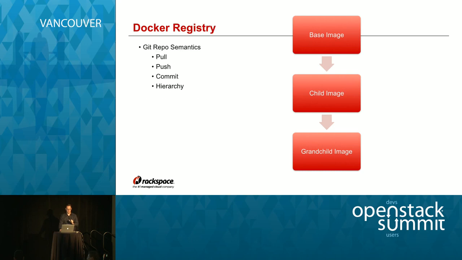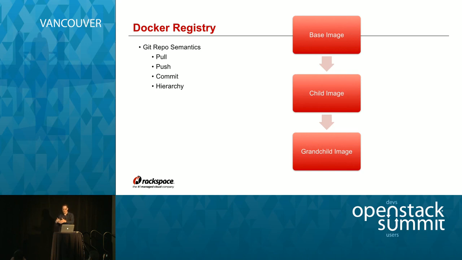The Docker registry is just like a Git repository. How many of you use Git every single day in your work? Okay, 90% of the room. So you all know the semantics of a Git repo. You pull or you clone, right, in order to get your code out of the repo. If you make a change and you want to save it, you do a commit.